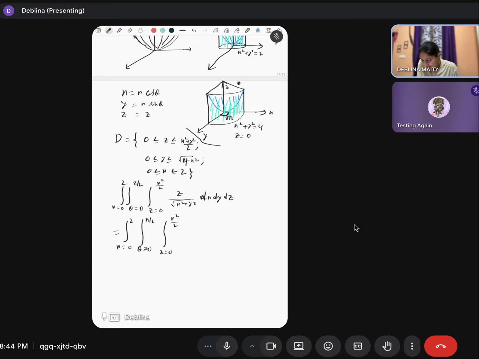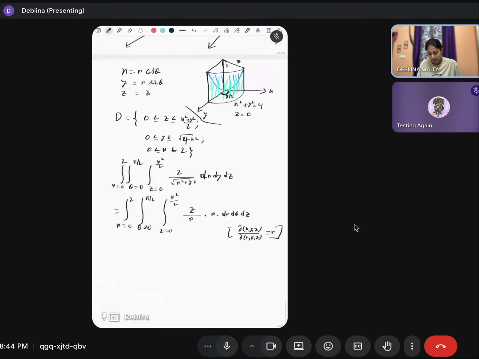Z is as it is, because z is here a variable. So x square plus y square is r square, so it is r, and the Jacobian is r, and it is dr d theta dz, right? Because the Jacobian of del x y z over del r theta z is going to be r.